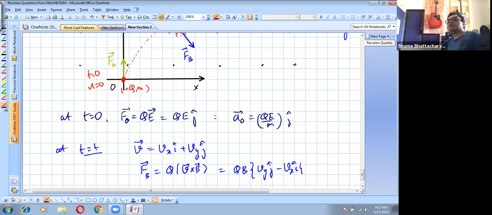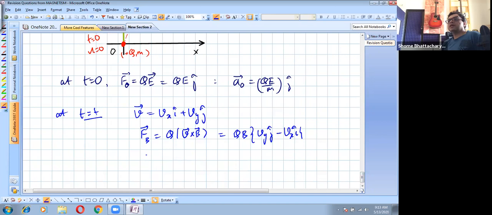When you do the cross product of this with k cap, so i cross k, you can see, is minus j, and j cross k is plus i, like that. So we'll get this. And the electrostatic force acting on it is, of course, QE j cap. Okay. So its acceleration vector becomes the net force divided by mass. So the acceleration vector becomes like this.